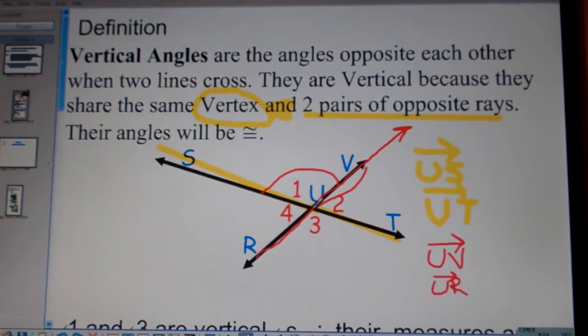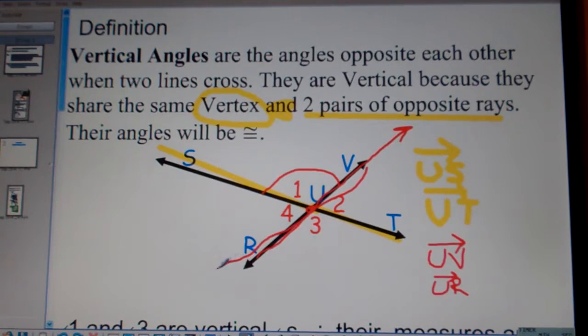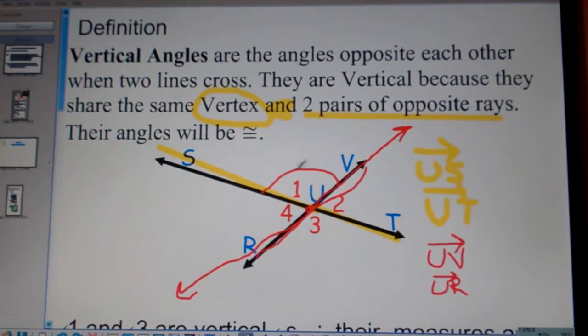Let's look at UR. UR goes in the opposite direction of UV, downward here. Does ray UR touch angle 3? Yes, it does. Just like UV touches angle 1, UR touches angle 3.